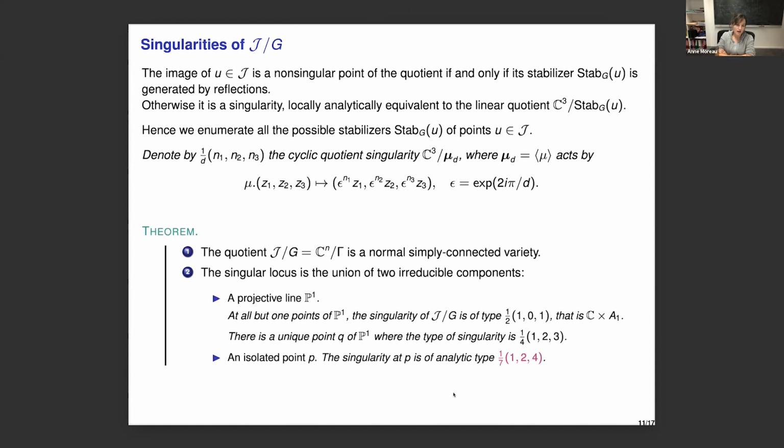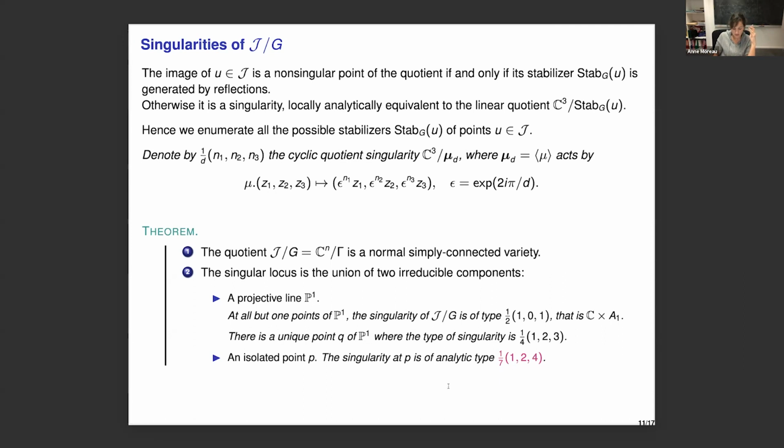So this is my notation, and the theorem is the following. First of all, the quotient is a normal simply connected variety. Actually it's even strongly simply connected, which means that if you remove the singular locus, it's simply connected. This first part is actually not due to us. It's a general result because gamma is generated by reflections. And the second part describes the singular locus.